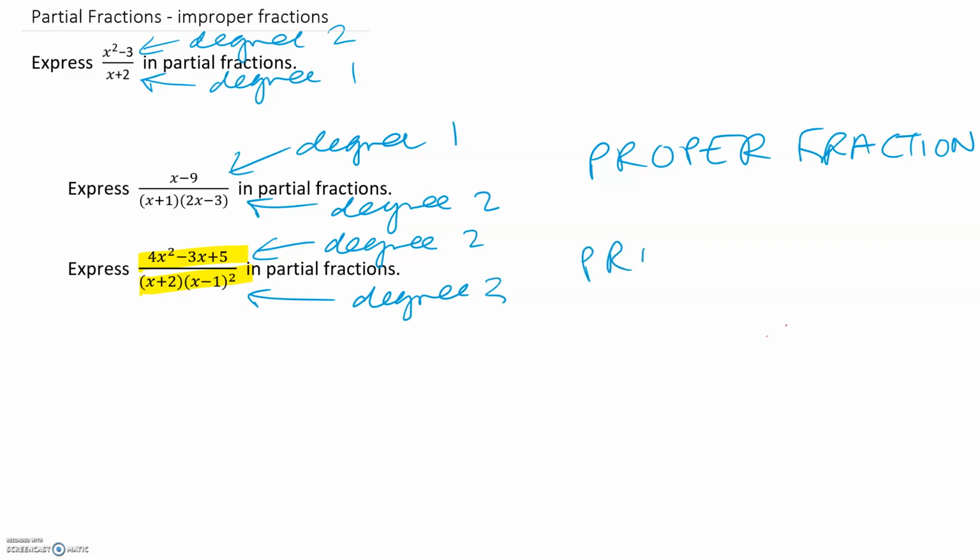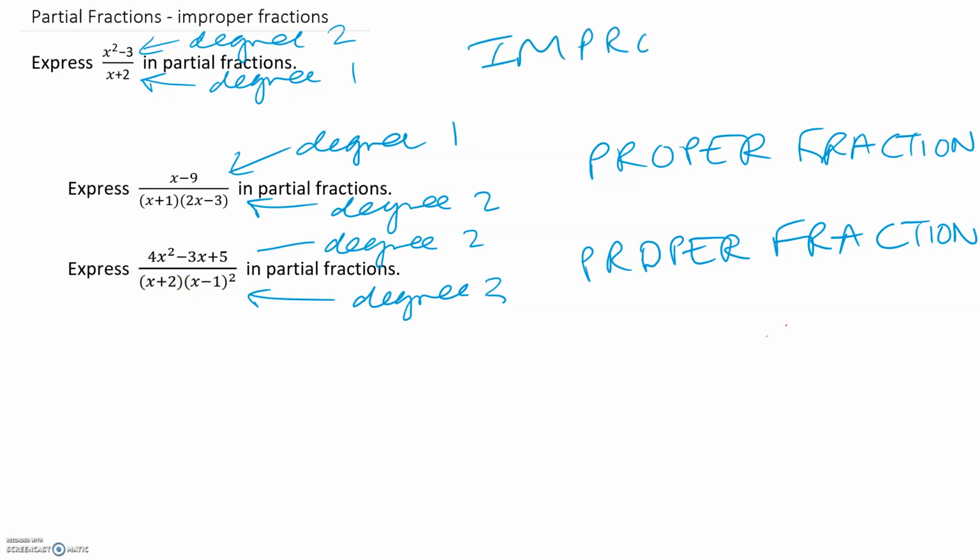So again, that will be a proper fraction. But if we go back to the question we're actually doing now, the numerator has a higher degree than the denominator, and so it's an improper fraction, and we've got to deal with it slightly differently to the others.